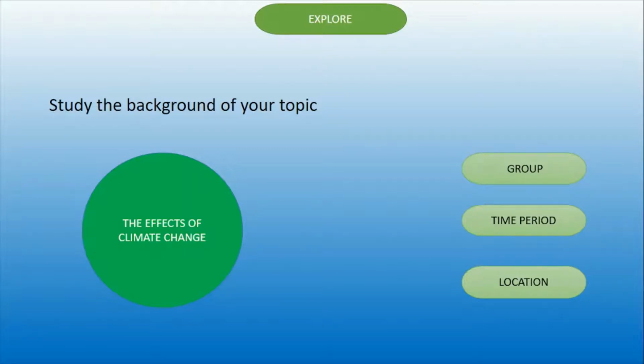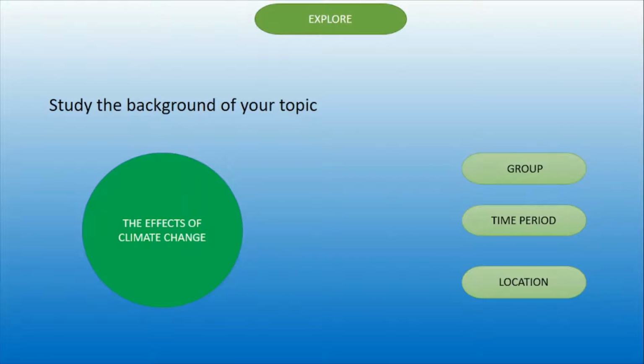If you find that no research has been done, or little research has been done on the effects of climate change on polar bear habitats, that can make a good research gap for you, because now you focus on that and you want to talk about that. Little research has been done on that, so you can do research on that. Communicate to your audience the effects of climate change on polar bear habitats. So you need to look for a research gap and you need to focus on that. That can help you have a specific and solid topic.